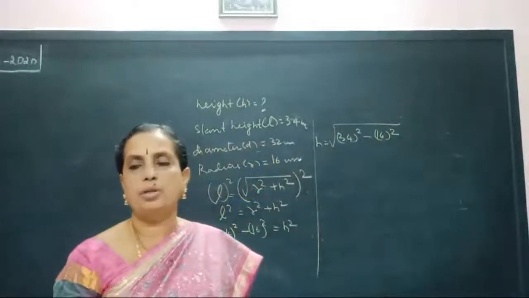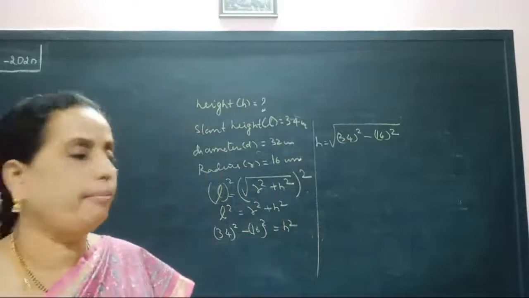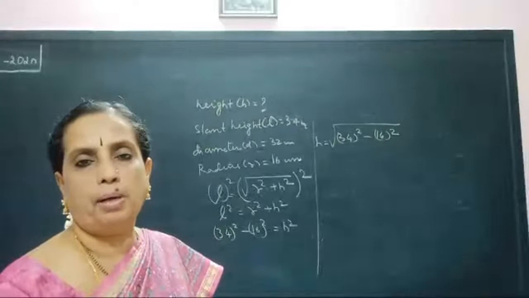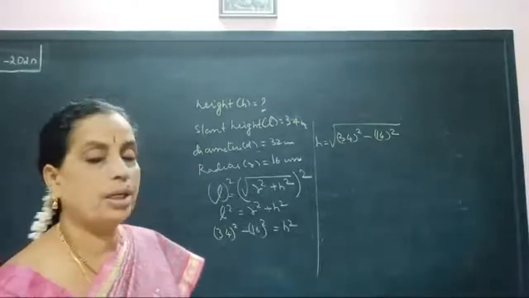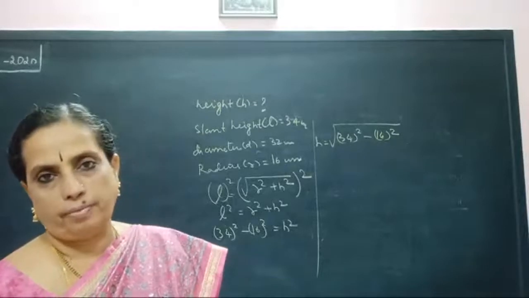Suppose if the values are greater in number, to save time the a square minus b square formula also you can apply. 34 plus 16 times 34 minus 16, you can also get the answer. Is that clear?